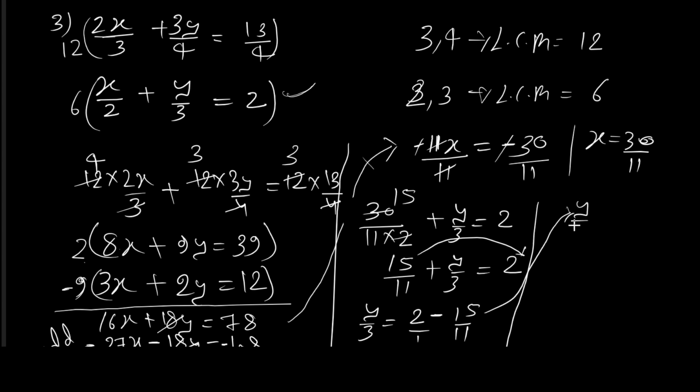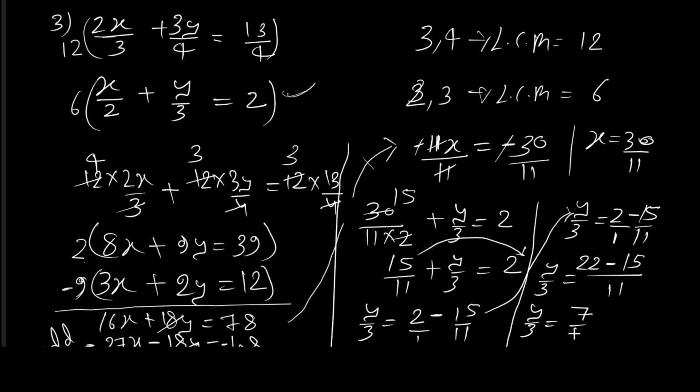I'm going to put 1 here as a denominator. So 11 times 1 gives us 11, and 11 times 2 gives us 22, minus 15. So y over 3 equals 22 minus 15, which gives us 7 over 11.